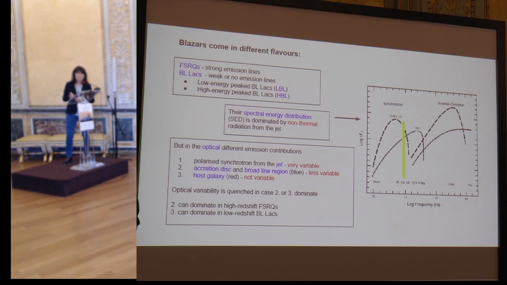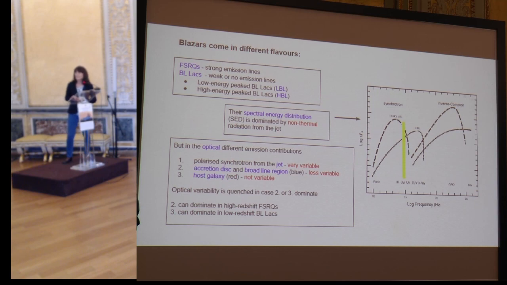The spectral energy distribution is dominated by the non-thermal polarized radiation from the jet, which is very variable, but in the optical, the situation can be more complex because we can have contributions also from the accretion disk and broad line region, which is less variable, and from the host galaxy, which doesn't vary at all.